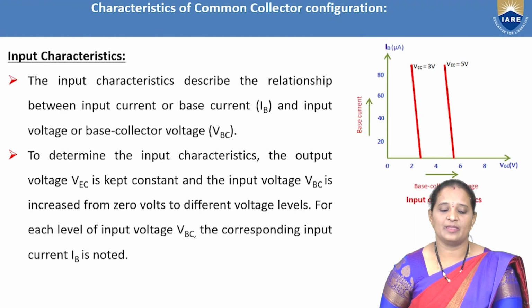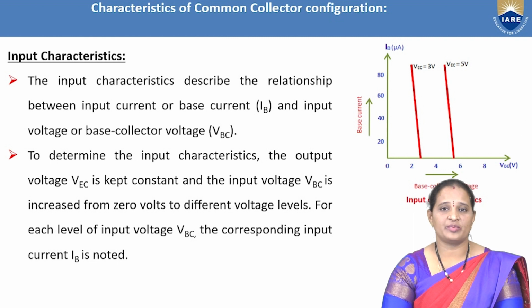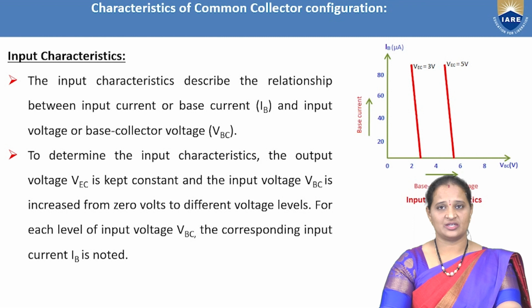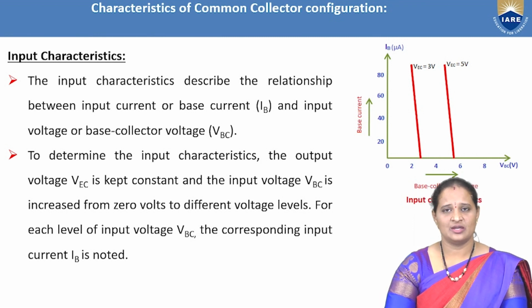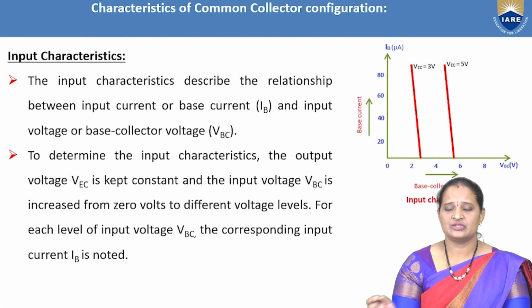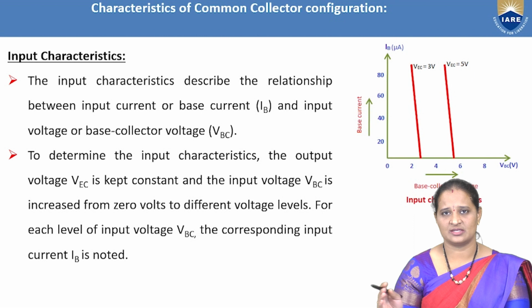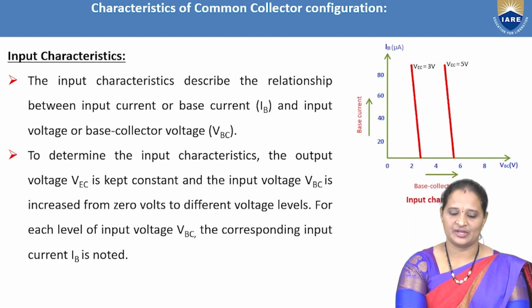Now let us see the characteristic curves. As we all know, in order to analyze the operation of a transistor, the three different characteristic curves are input characteristics, output characteristics, and transfer characteristics. So now let us see the input characteristics, output characteristics, and transfer characteristics of the transistor under common collector configuration.